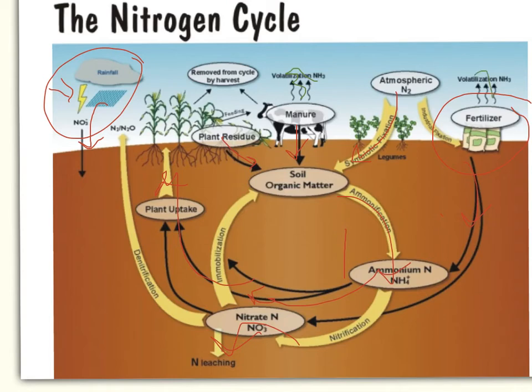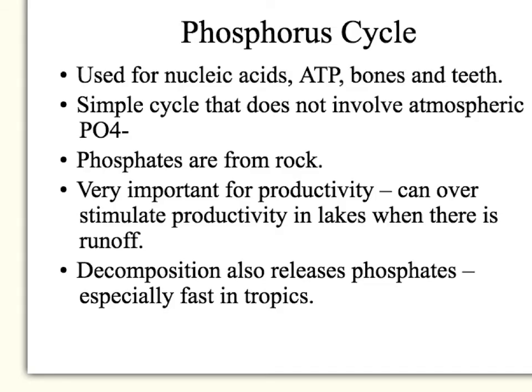And then here the ventilation from the plants, and I don't want to say plants as in green plants, but the fertilizer plants here. And then we also have bacterial cells that perform denitrification. Remember we talked about denitrification, and that will release that back up into the atmosphere. So let's move on to the phosphorus cycle.